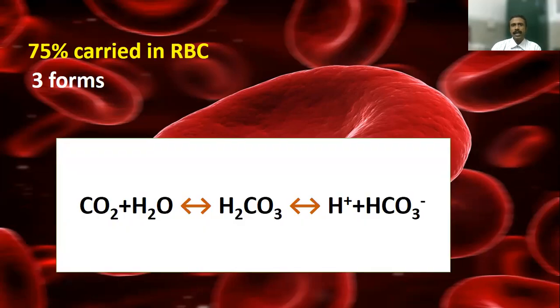majority of carbon dioxide undergoes a hydration reaction within the red blood cell. It combines with water to form carbonic acid, which dissociates into hydrogen ion and bicarbonate.